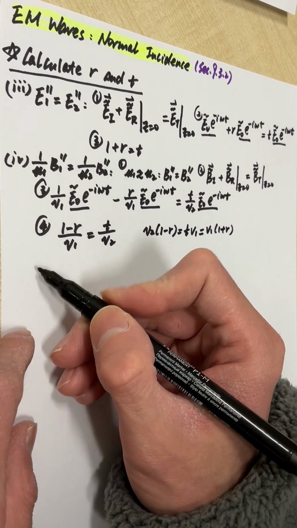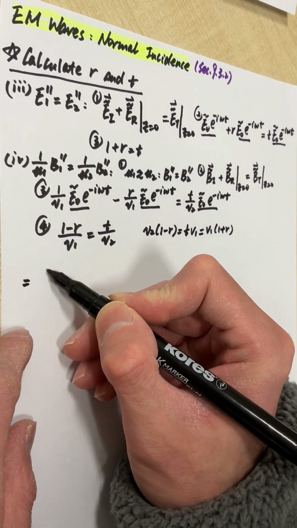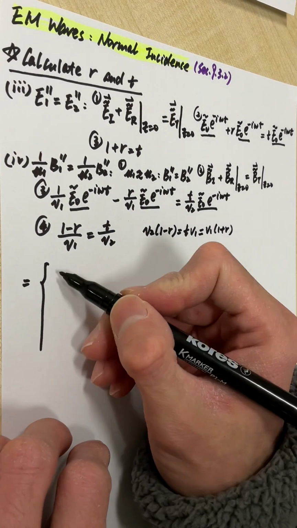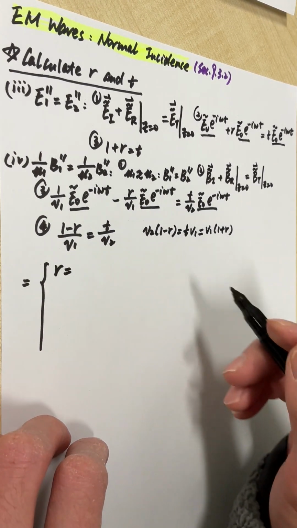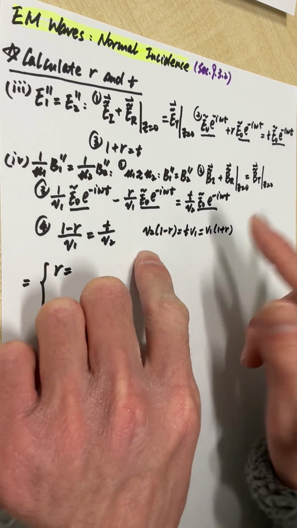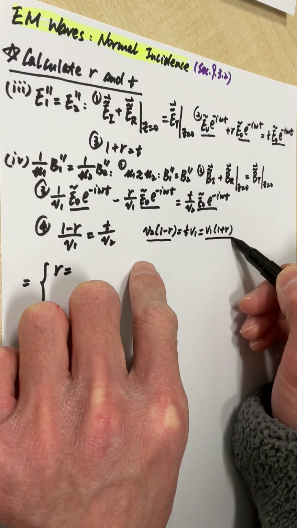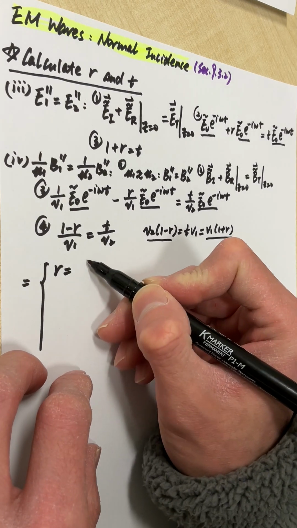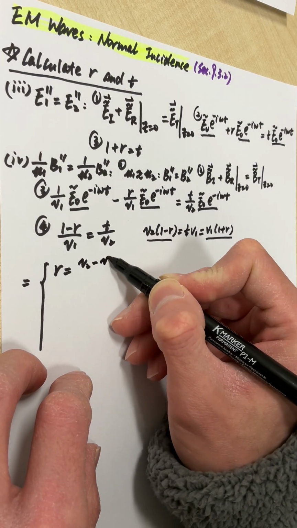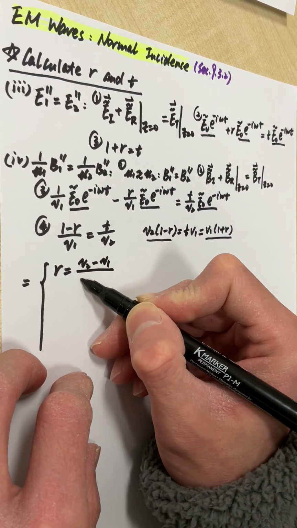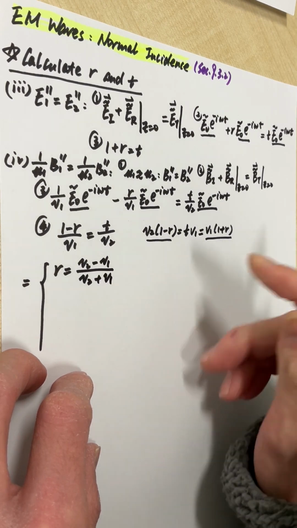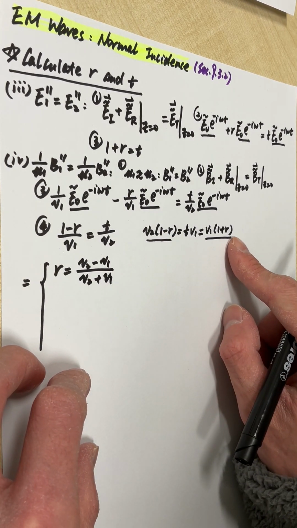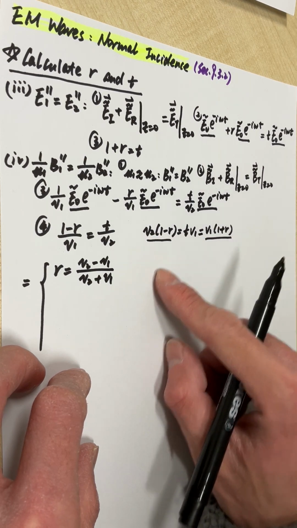It's very easy to solve now: R equals, from here and here, (V2 minus V1) divided by (V2 plus V1). We move V2 R to the right-hand side, and get V2 minus V1.